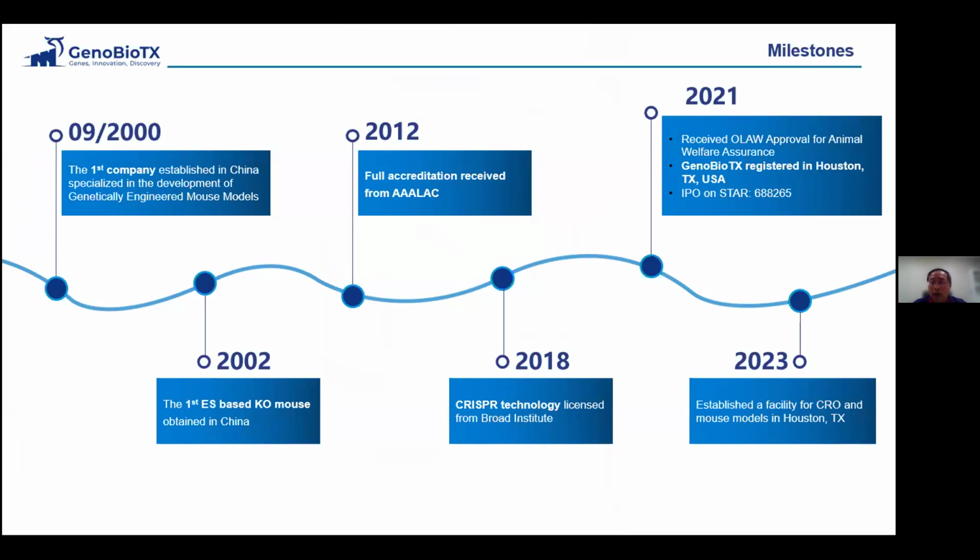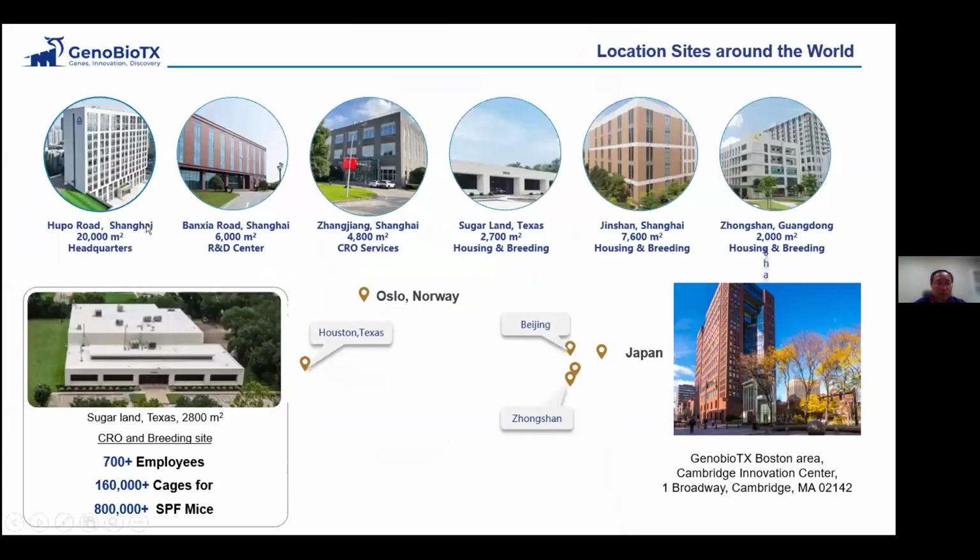We recently established our office in the Boston area, which is located in the Cambridge Innovation Center. And these are some of the facilities of our company in Shanghai, Beijing, Zhongshan, and this is Houston and Boston. We also have a business development office in Europe, which is located in Oslo, Norway, and in Japan, Osaka.